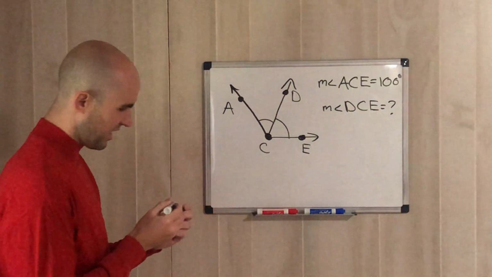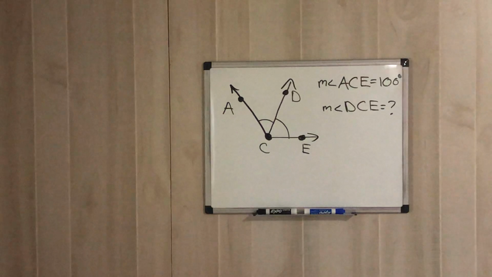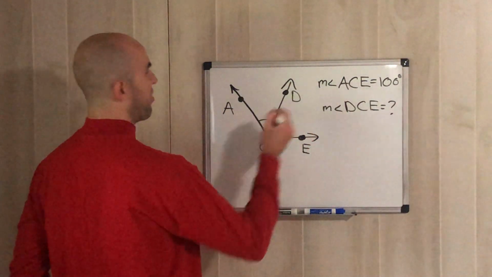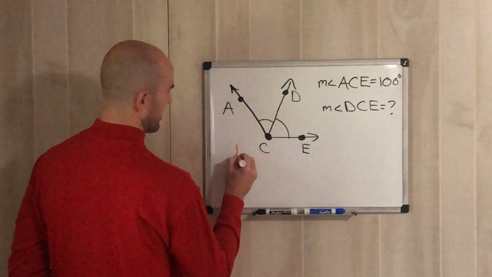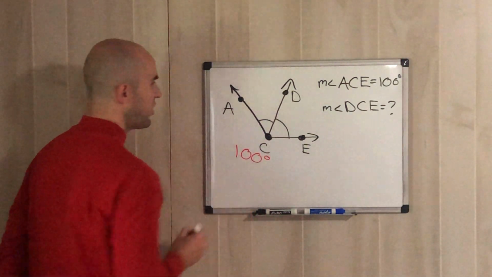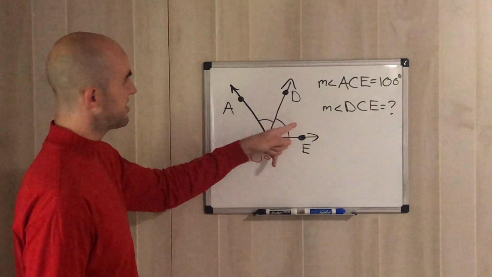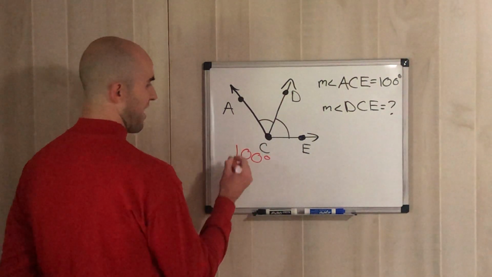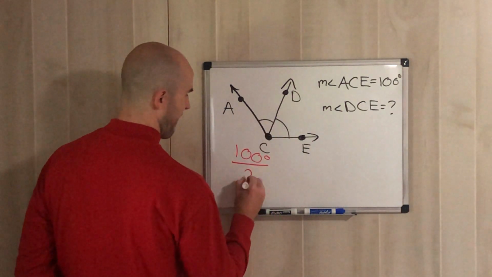So now, thinking about this, we know that the whole thing, ACE, is 100 degrees. We also know that this is the same as that. Since those two are the same, and we have two of them, the way you figure out each one is taking 100 and dividing by 2.